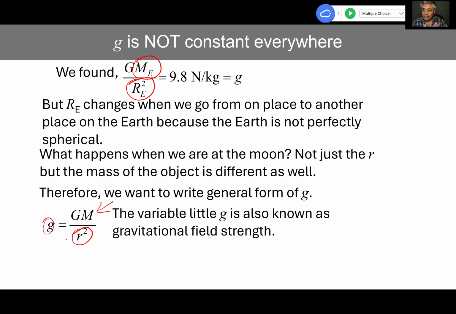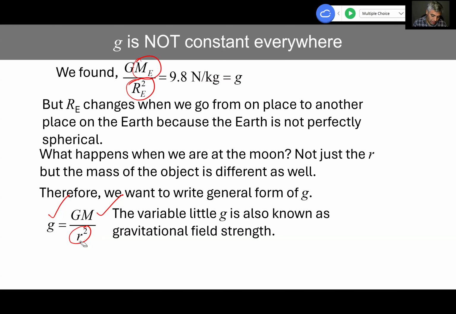Uppercase G, that's a different story. It is a fixed value. It has a universal value. The number you saw, 6.67 times 10 to the power negative 11, is a fixed number for the given unit. Now let's look at this equation more carefully. The larger the mass, the larger the value of g, and the larger the value of R, the smaller the value of g for the same mass.